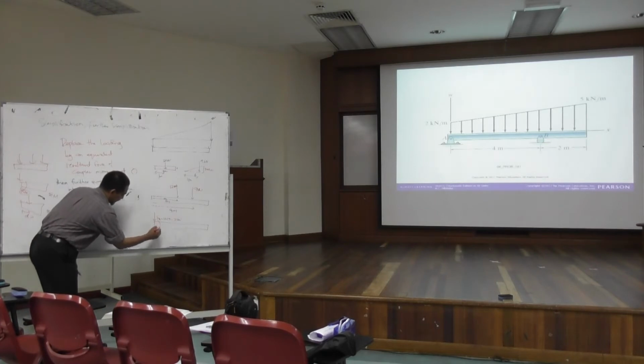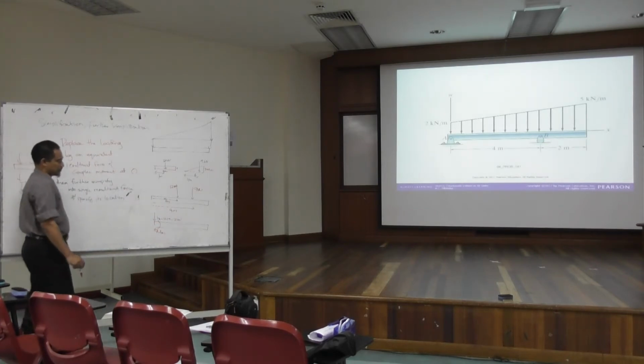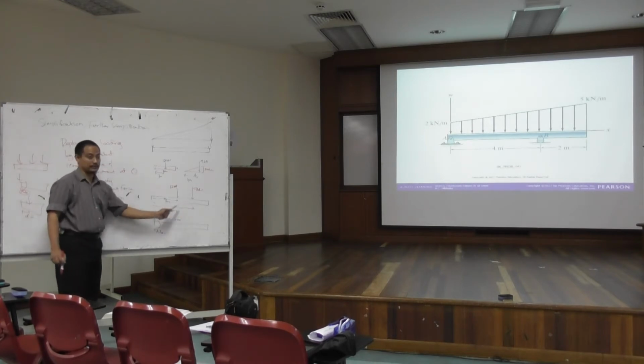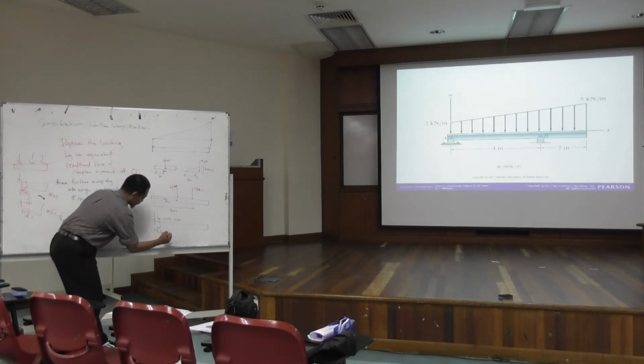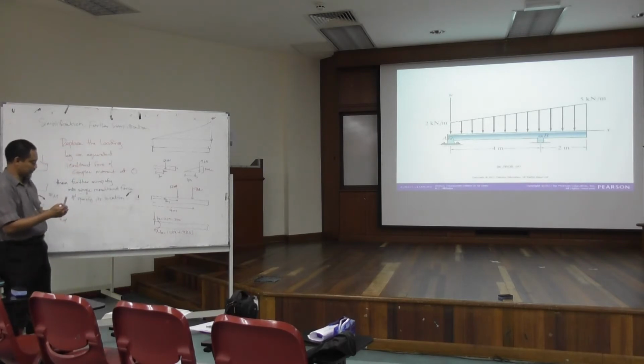And the moment here, Mr, will be what? Basically this times this plus this times this, right? Basically it's 12 times 3 plus 9 times 4. Right? That's how the calculation works.